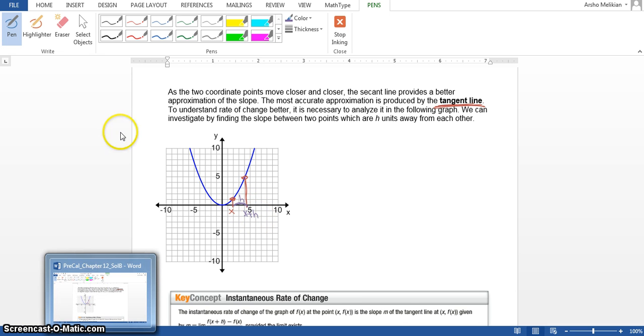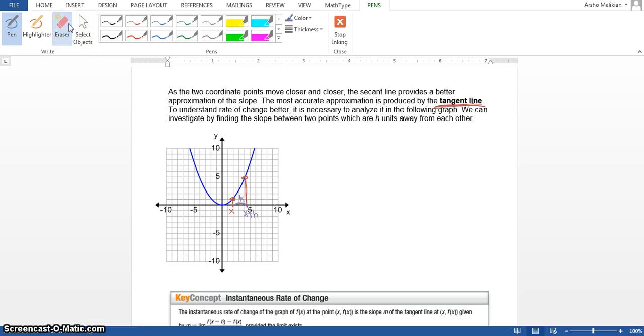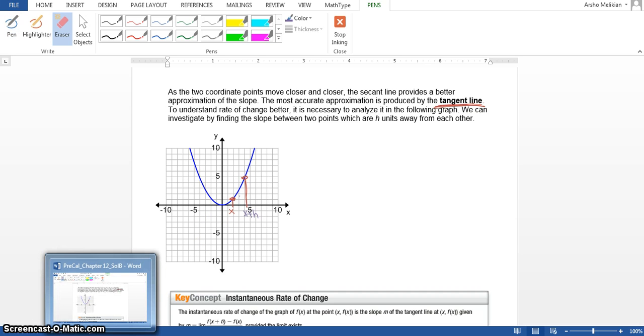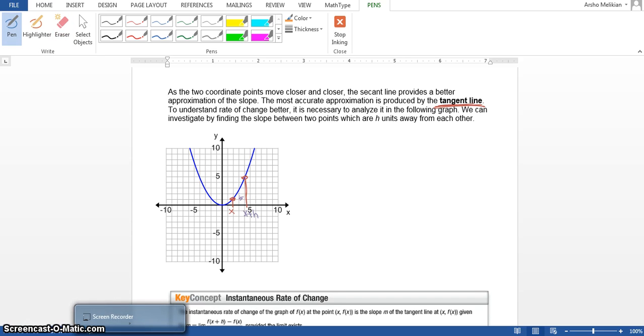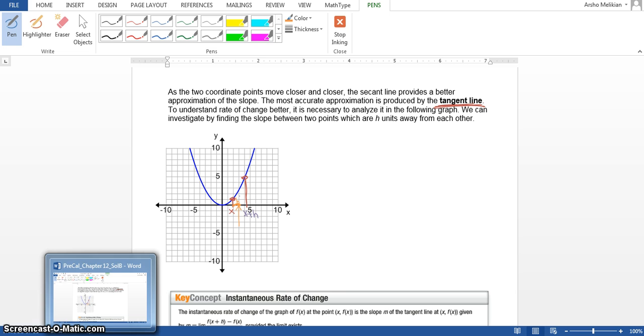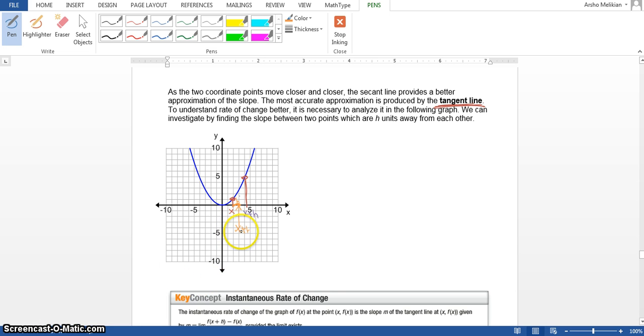Now, suppose now I say to myself, you know what? H is too big. They're really too far apart from each other. I'm going to make h much, much smaller. So suppose I make h a lot smaller. So now that's h. What's this point now? Now that point is x plus h. Okay? And as I make h smaller and smaller and smaller, these 2 points will get closer and closer and closer.